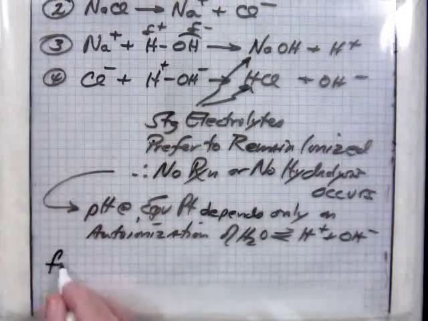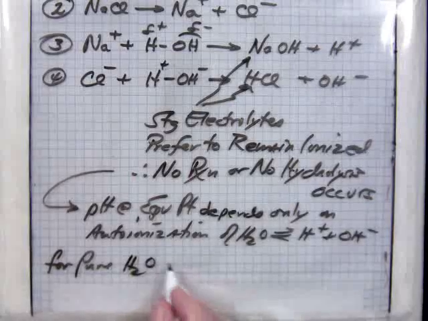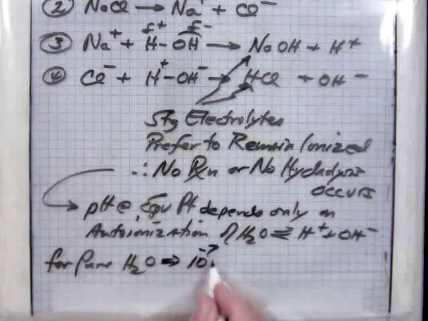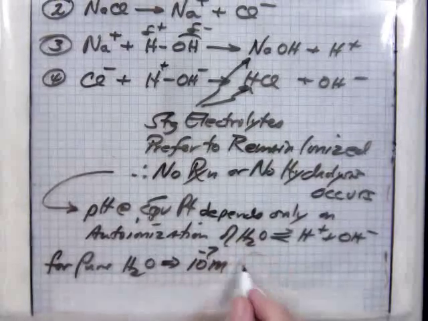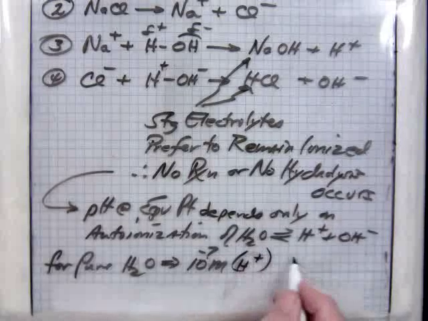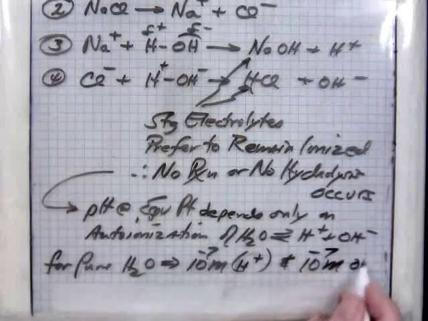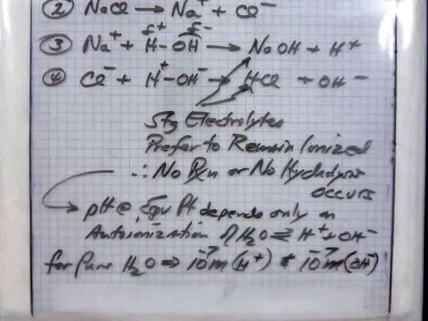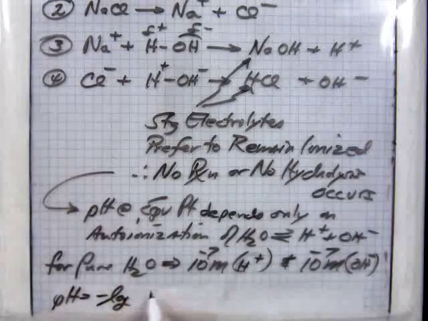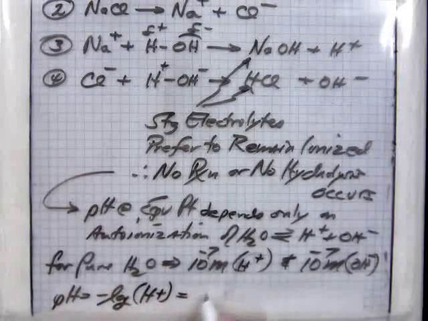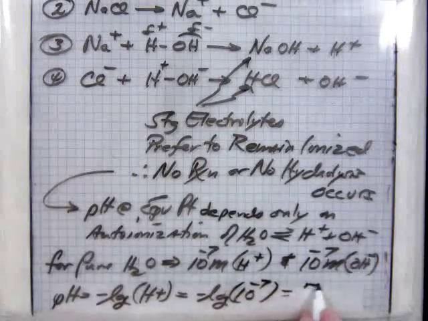Well, for pure water, ionization will give you 10 to the minus 7 molar in hydronium ions, and the same amount in hydroxide ions, like that. So if we're going to calculate the pH of that, minus log of the hydronium, that'd be minus log of 10 to the minus 7, which of course gives you 7.